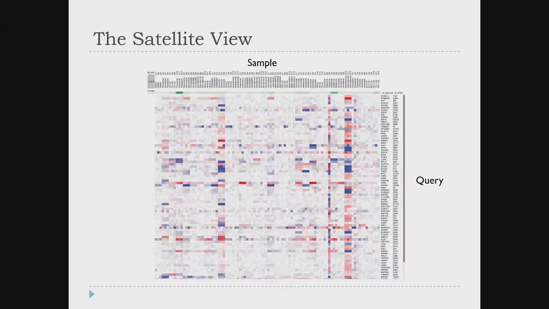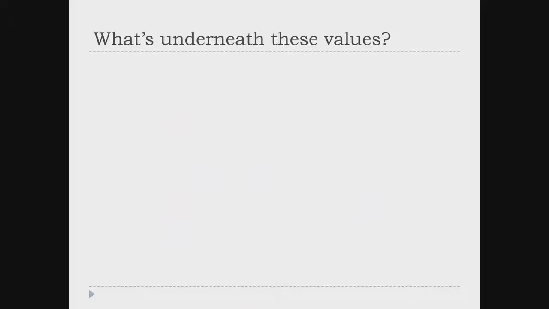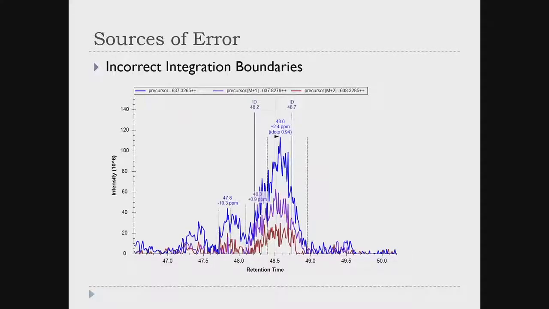Even if you use some other tool like OpenSWATH to come up with this satellite picture, you may still want to, like Ludovic clearly did, look at what's underneath. And often what's underneath are sources of error, and you can figure that out and maybe change what you're doing in your acquisition, or report a bug to Skyline and we'll fix it.